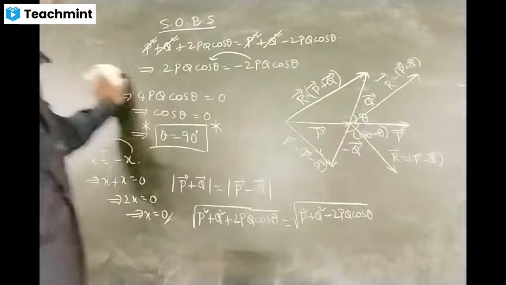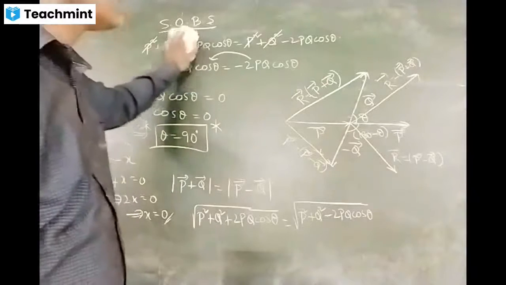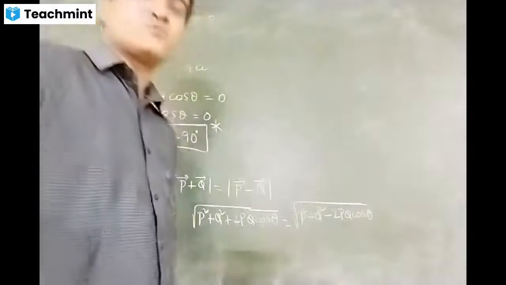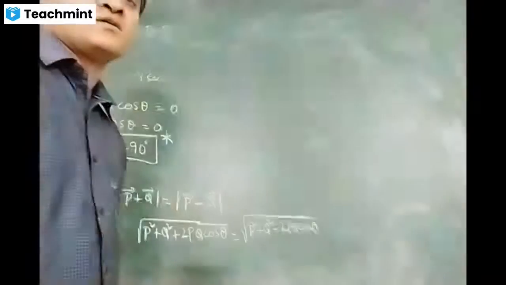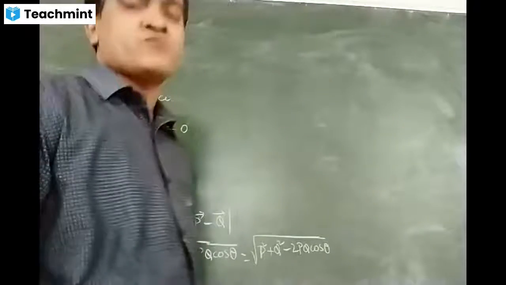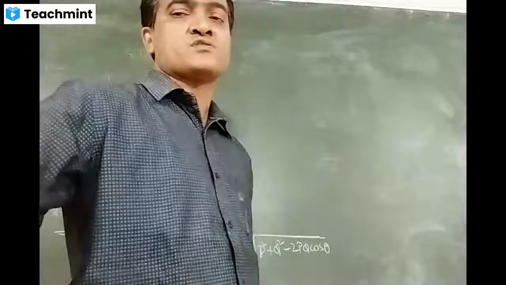I am not getting time to give you assignments, because of 9 to 5 here. If I get flexible time, I will give you assignments. I will go on giving you assignments because in motion in a straight line we have to do a lot of things.